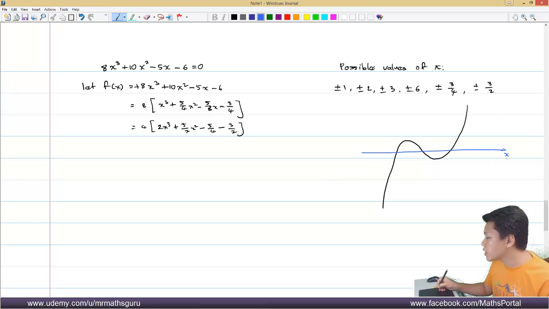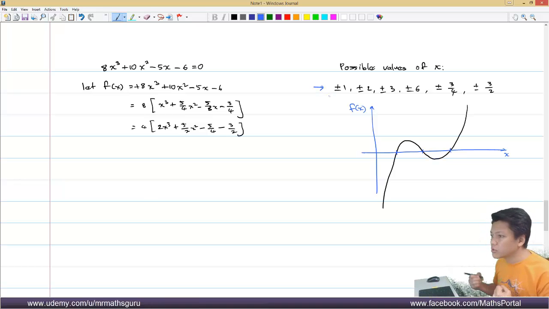If this is the y-axis and this is f(x), then there could be 3 values, which means there are 3 factors of the cubic expression. In view of so many possibilities of values of x, we need to make some educated guess, although it is more complicated now. But let's try to do it anyway.